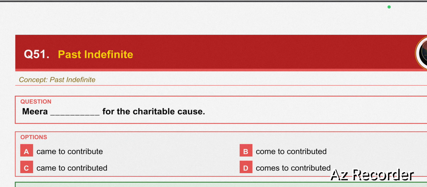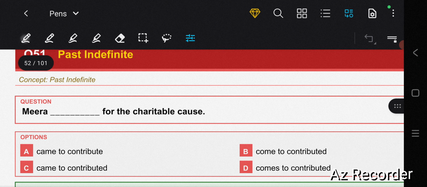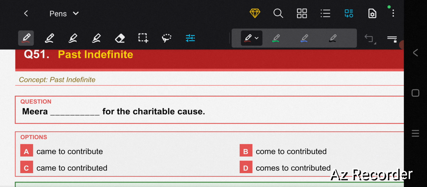Now here is question number 51, and the question is from past indefinite tense. It starts with Mira does for the charitable cause. So we have to choose the appropriate option from the given four options. Came to contribute, come to contribute it, came to contribute it, comes to contribute it. In option B we see come.